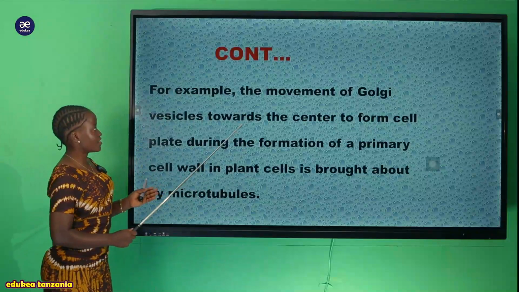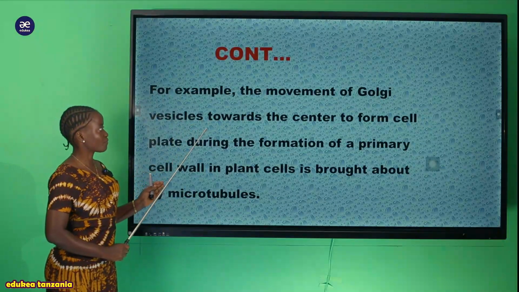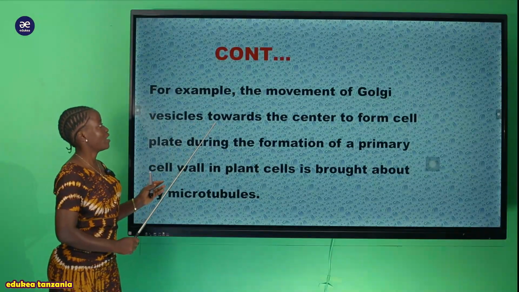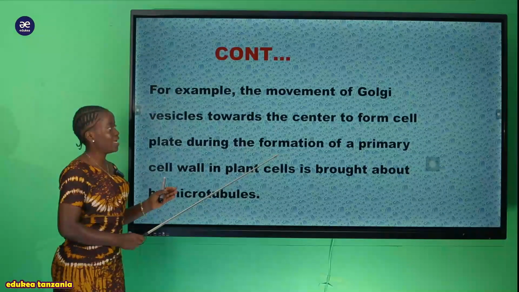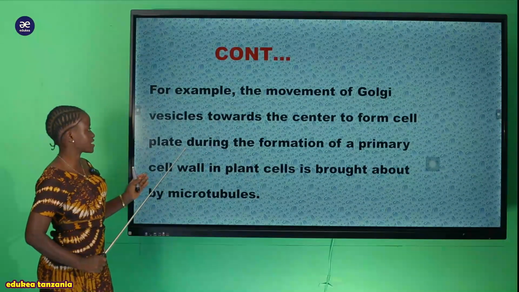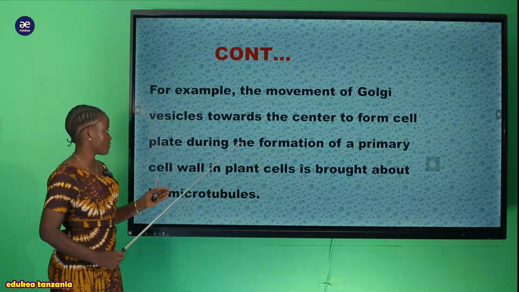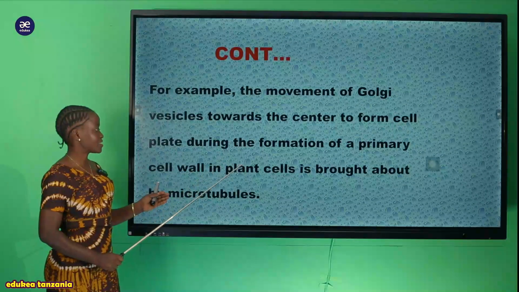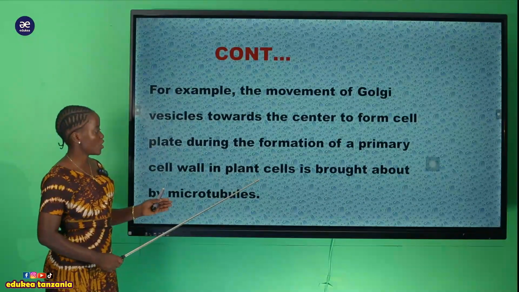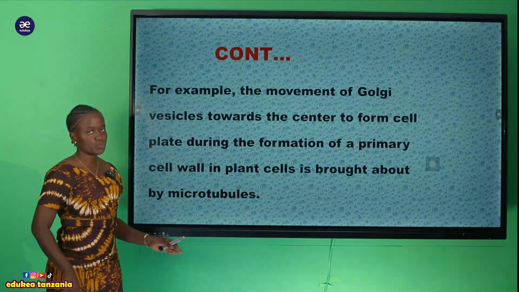For instance, the movement of Golgi vesicles toward the center to form the cell plate during the formation of the primary cell wall in the plant cell is brought about by the microtubules.